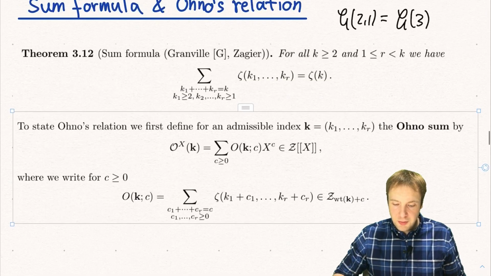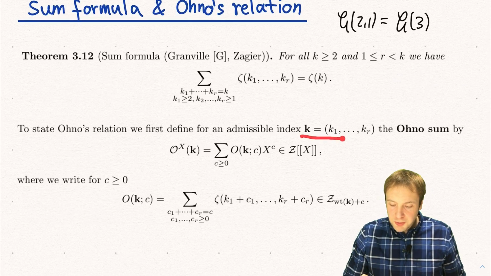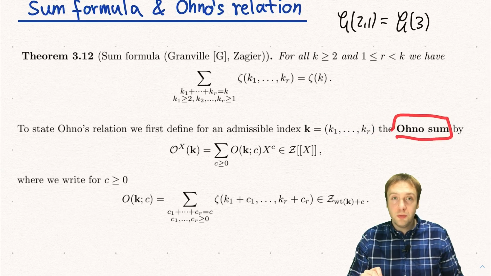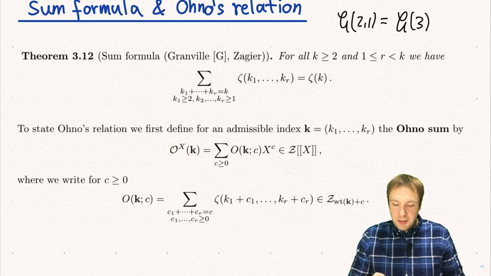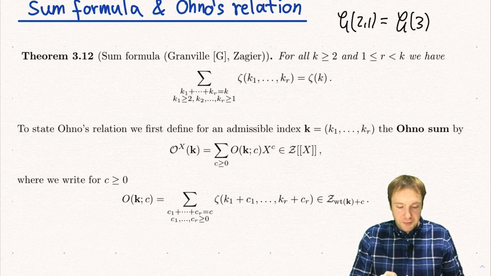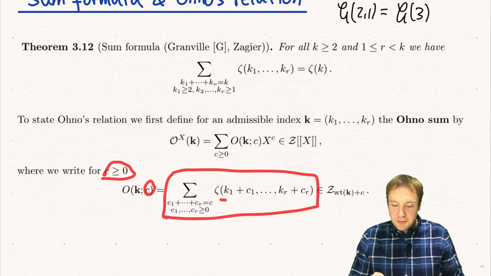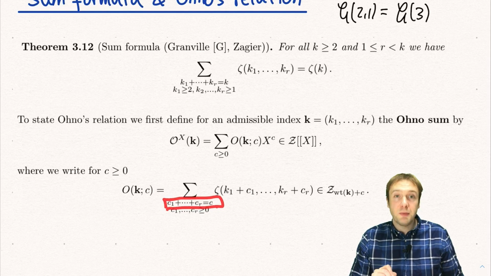So we will introduce the following. If we have some admissible index k, then we define the so-called Ohno sum, which we denote by O_X(k), which is given by this formal power series with coefficients given by this O_c(k). And this O_c(k), for c greater or equal to 0, is just the sum where I add c's to this index k such that these c's sum up to c.